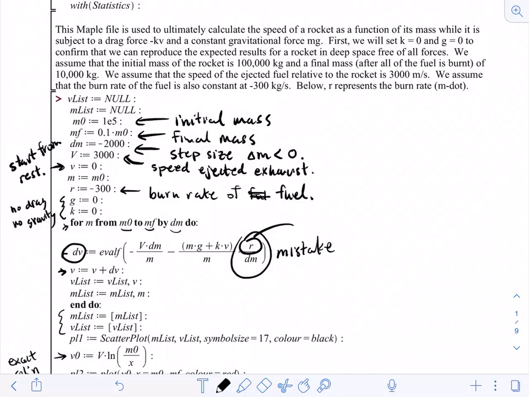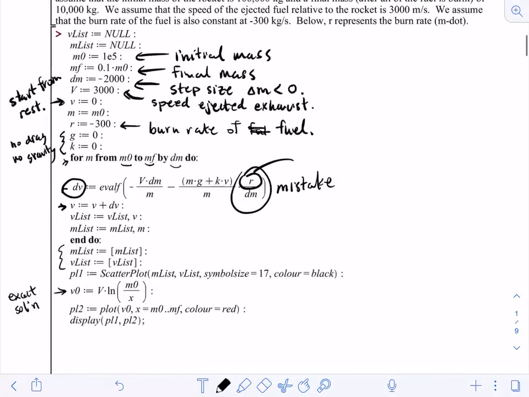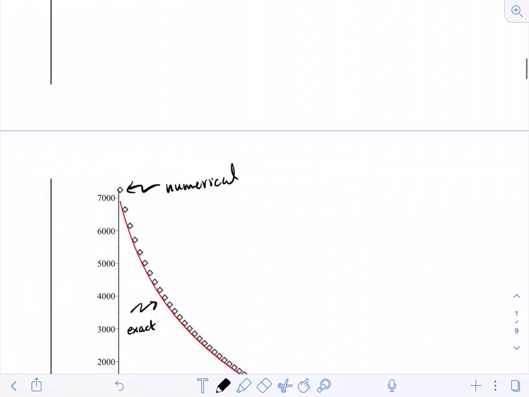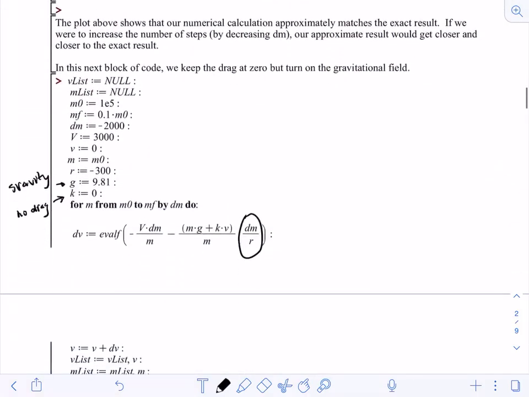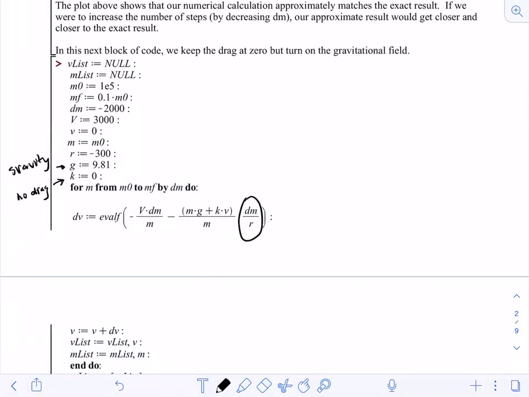It turns out not to be a problem because in this solution, g is equal to 0 and k is equal to 0, so this mistake doesn't affect it. But you may have seen me notice that I hesitated here and I was getting confused. Notice that over here, it's inverted. So when we actually make use of this, it's a dm over r.